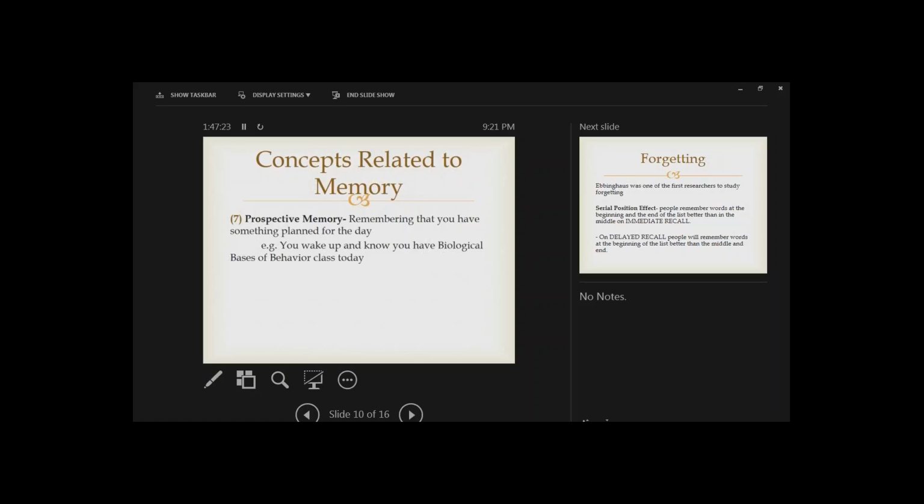This is why individuals forget that they have appointments, especially with dementia, but even older individuals, if they don't write it down or set reminders, can easily forget that they had something planned that day.